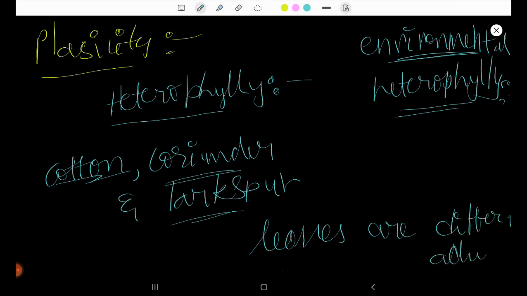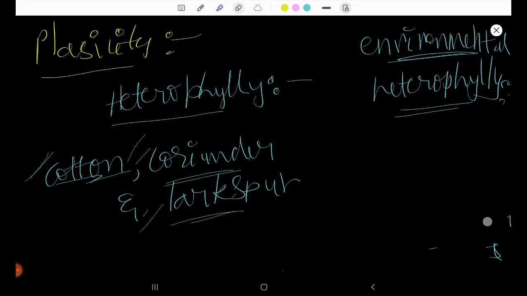Here the heterophily or plasticity is within the plant. It is related to its age. If the juvenile leaves have some structures, the adult leaves have different structures. It is an age-related factor in these plants, especially cotton, coriander and larkspur. But in buttercup, the heterophily is due to the environment or habitat. Water habitat leaves are different from land habitat leaves.